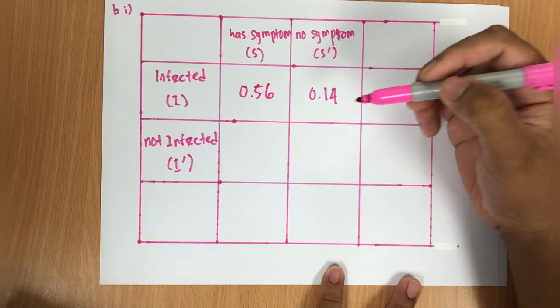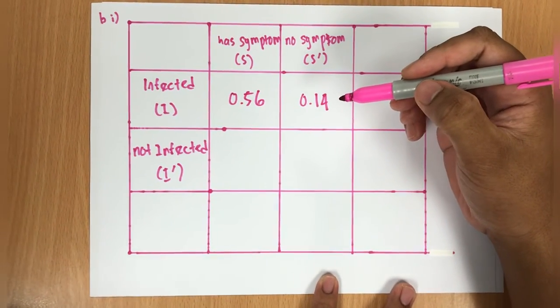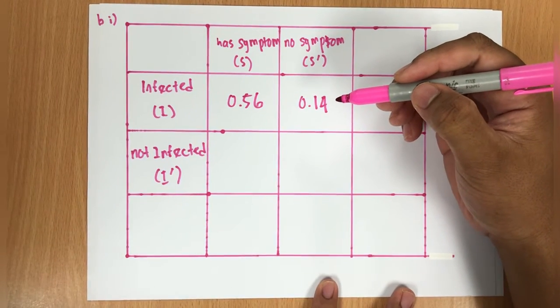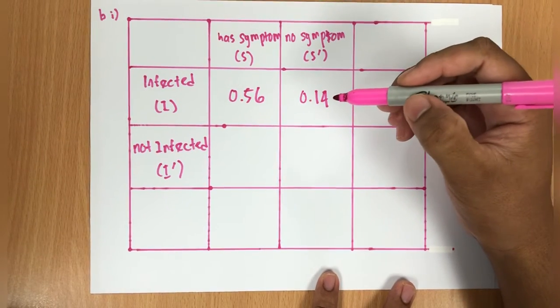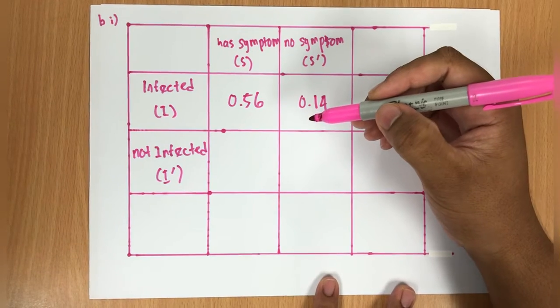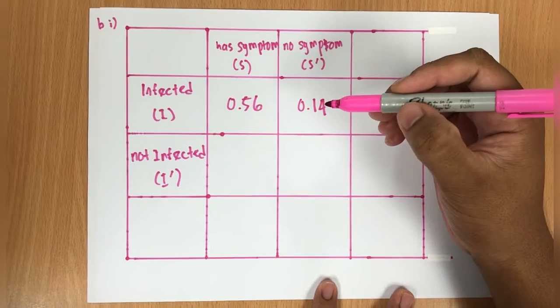For the probability for not infected and has symptom, the question has stated that 10% of those who are not infected do show the symptoms of COVID-19 virus. So we multiply 10% with 0.3. How do we get 0.3?